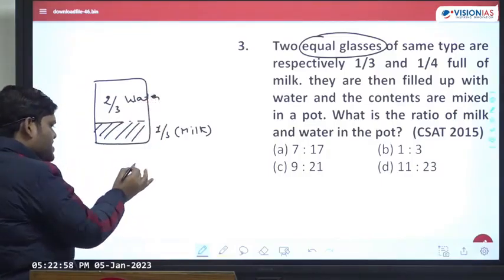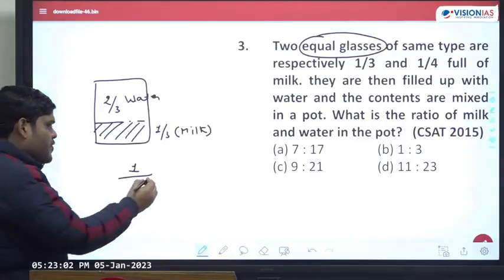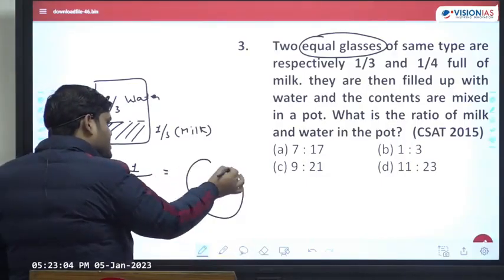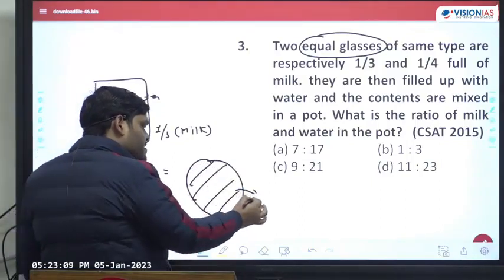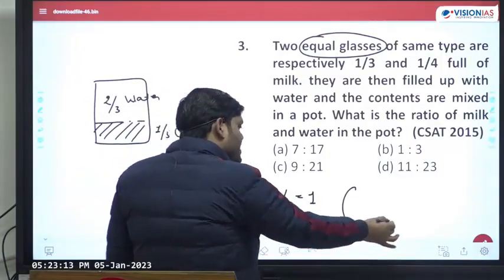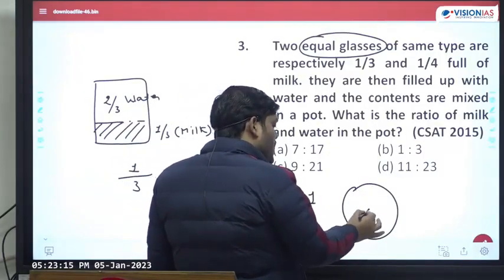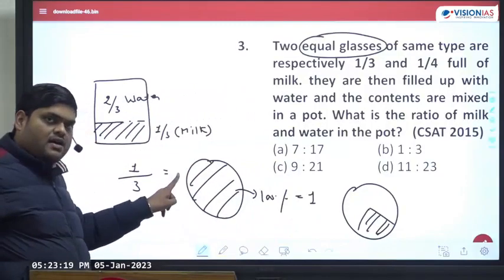Whenever we are saying 1/3 part, what does 1/3 mean? Suppose a circle is there, this complete circle is showing 100%, or 1. So what is the meaning of 1/3? 1/3 means out of this complete one, one part.